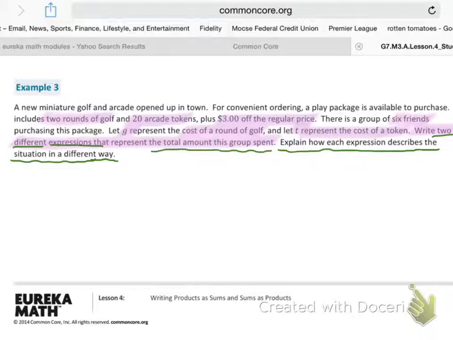Then we're going to do some explaining, but let's first pay particular attention to writing these 2 different expressions. So if you can, go ahead and use all this pertinent information. That's usually the items that include numbers in front of them: 2 rounds of golf, 20 arcade tokens, and then you get the $3 off regular price.